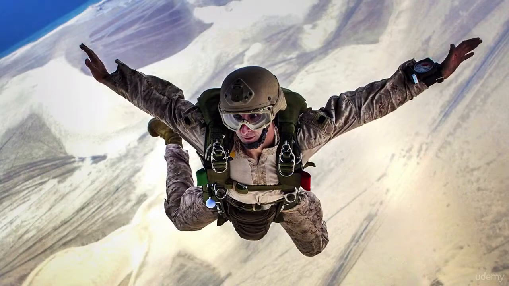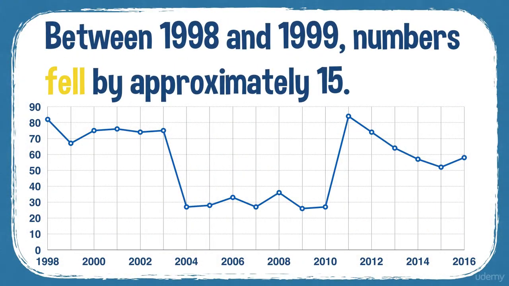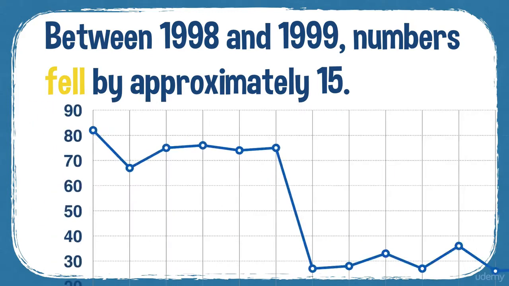Here's a man falling down without a parachute, going down. It's quite a neutral word actually, so we can often use it with an adverb, but here we haven't. So between 1998 and 1999, numbers fell by approximately 15.